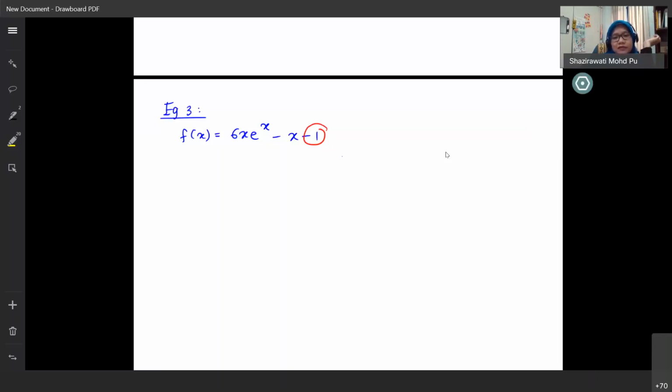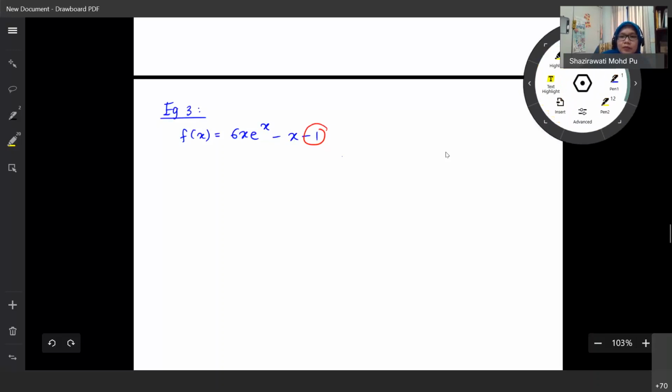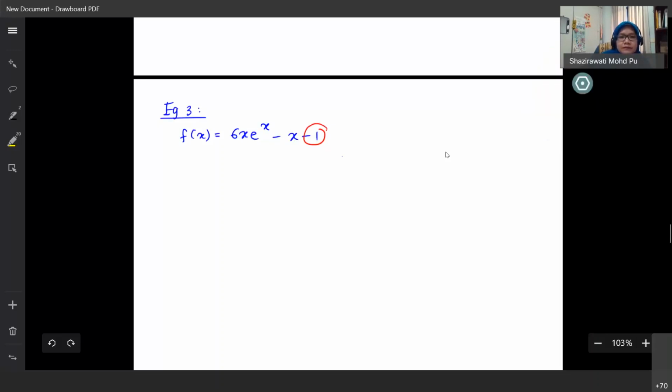So be careful. There's no harm to write it properly with the brackets at the first place: minus (x plus 1), left hand side minus right hand side, or you can start from the right hand side minus left hand side. So be careful on that. It is minus 1 and not plus 1. So that is your f(x).